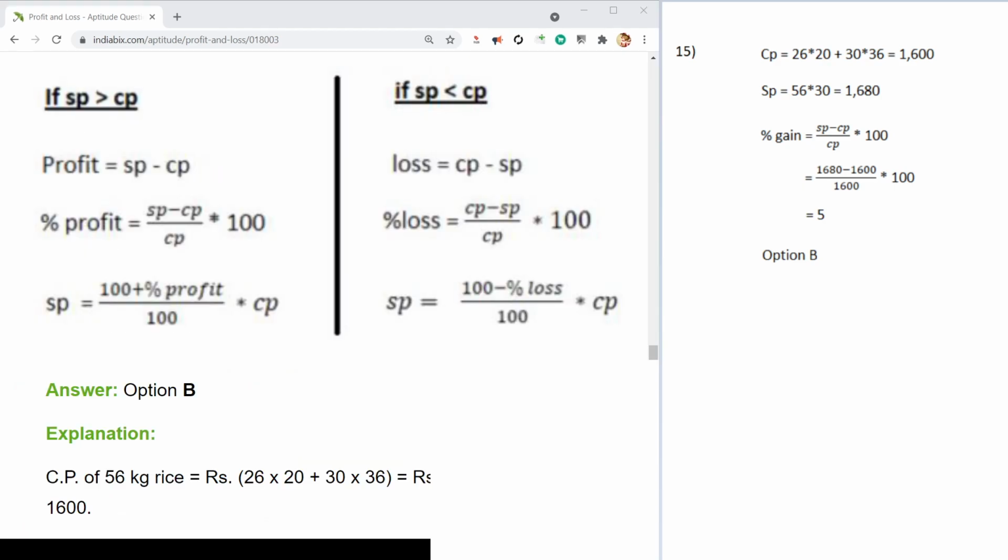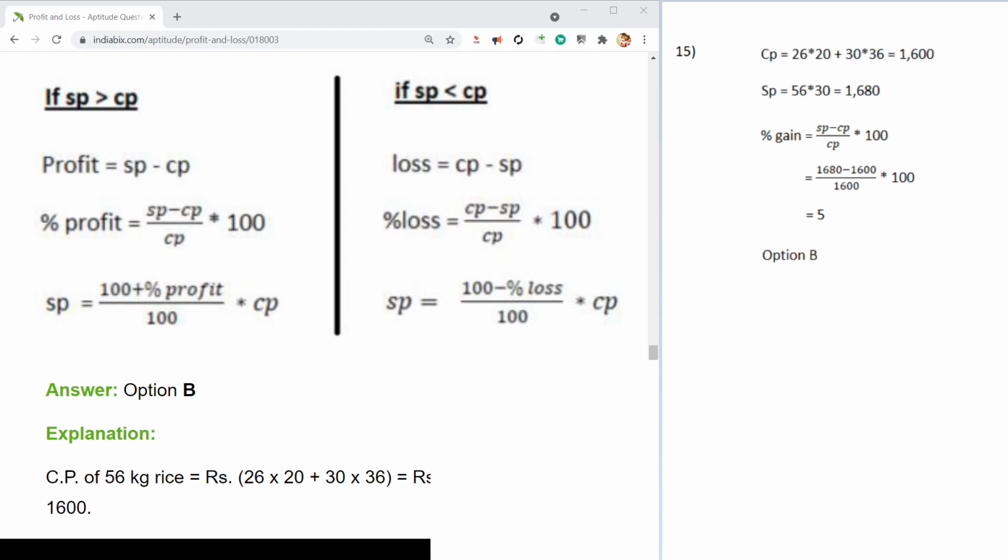So what we can conclude is that only these formulas are sufficient. If the selling price is greater than the cost price, profit is SP minus CP, and percentage profit is (SP minus CP) by CP into 100. From that equation we can write SP as (100 plus percentage profit) by 100 into CP. When a loss occurs, SP is less than CP.